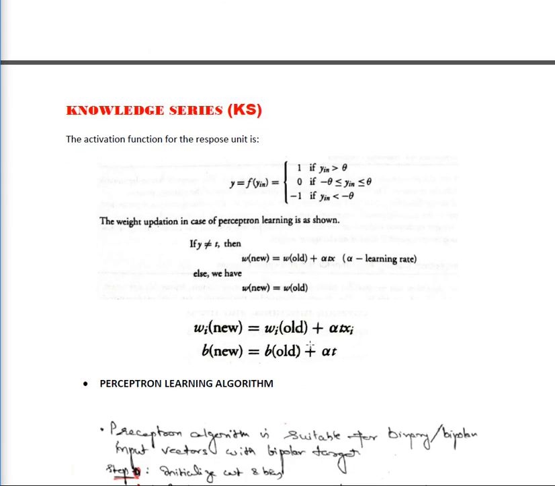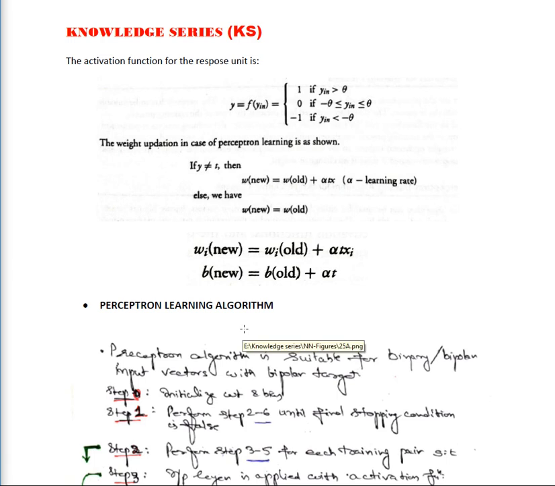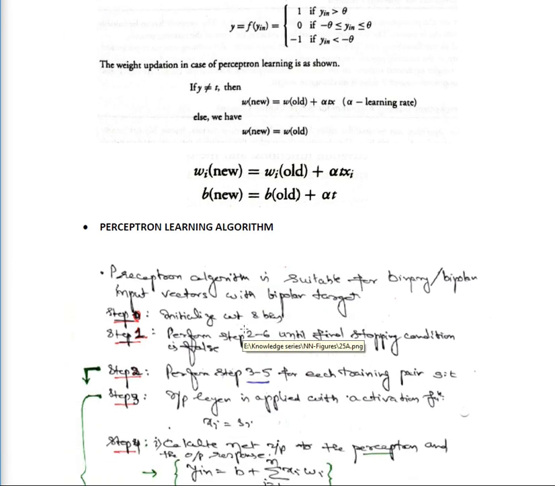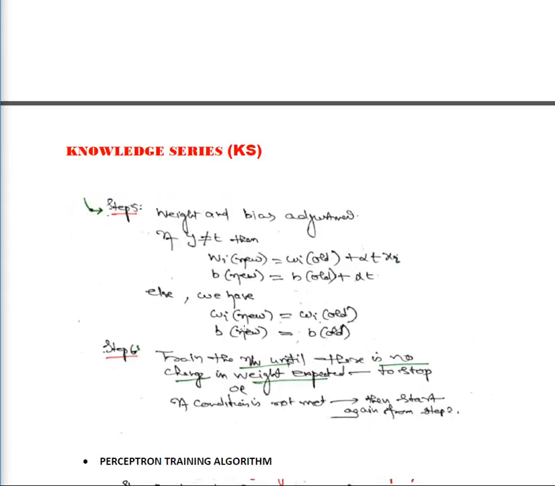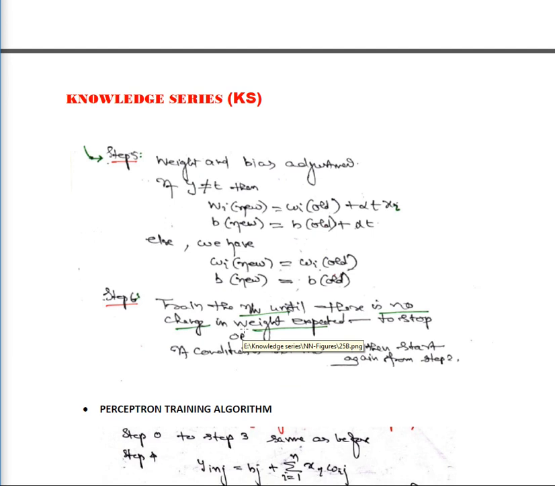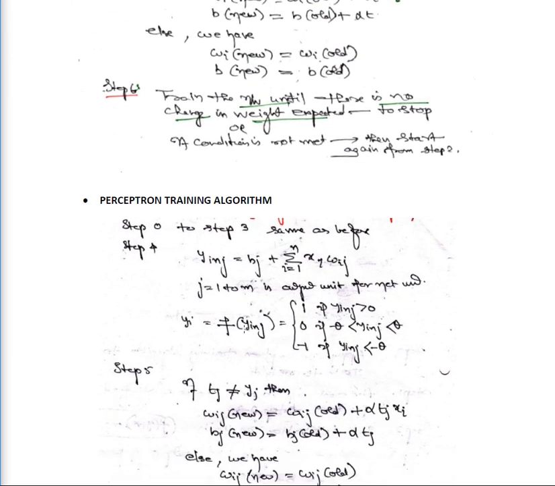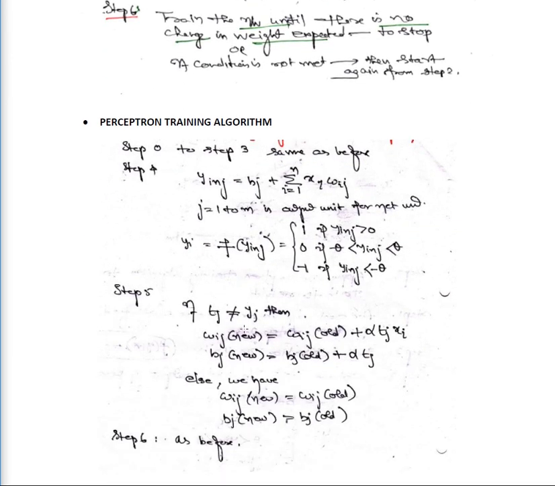In adjusting the weight, two considerations are taken: one is the learning rate alpha and the other is the target. Based on the learning rate alpha and the target, the system continues until it verifies that the target is the same as the predicted output, and then the system terminates.